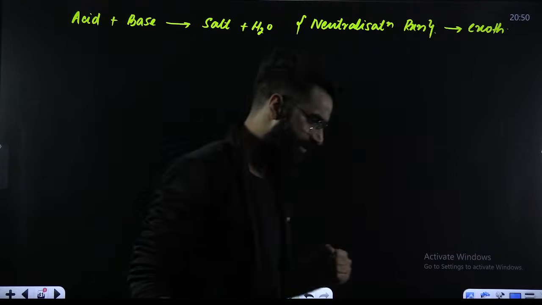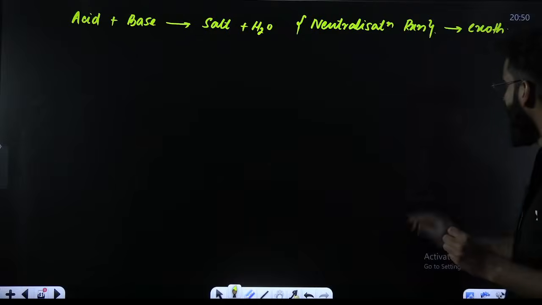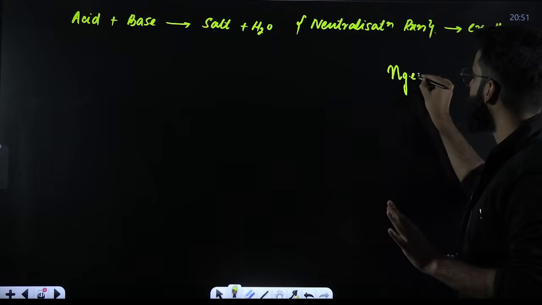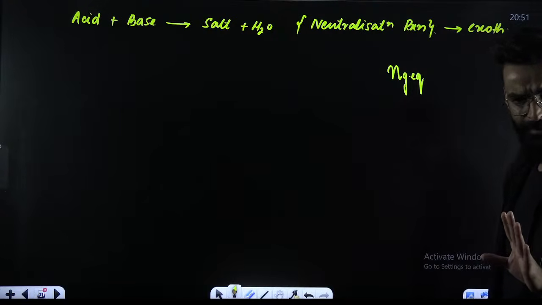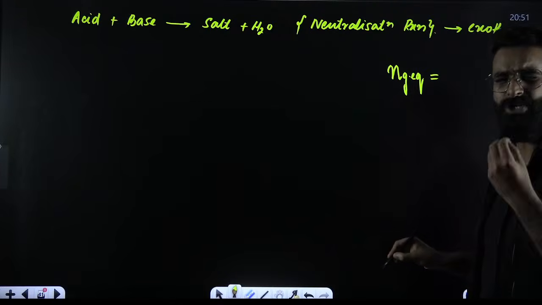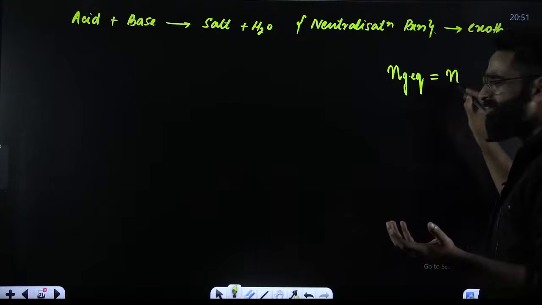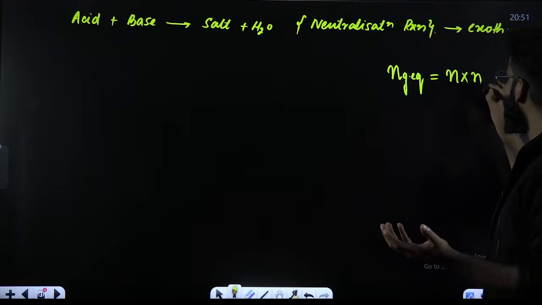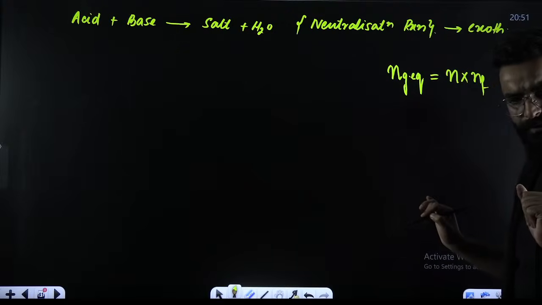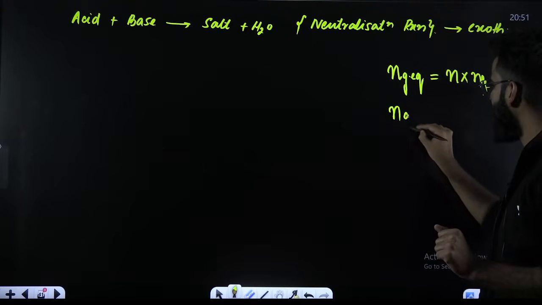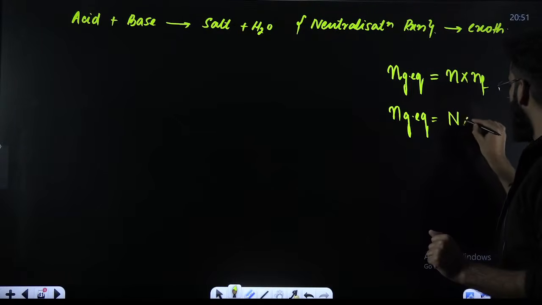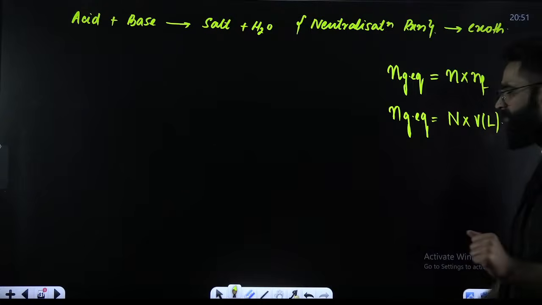Before making you understand the enthalpy of neutralization, there are a few things I want to tell you. Do you know how we calculate the number of gram equivalents of any substance? Number of gram equivalents of a substance is equal to the number of moles of the substance multiplied by its N factor. Point number 2: number of gram equivalents is also calculated as normality multiplied by volume of solution in liters.